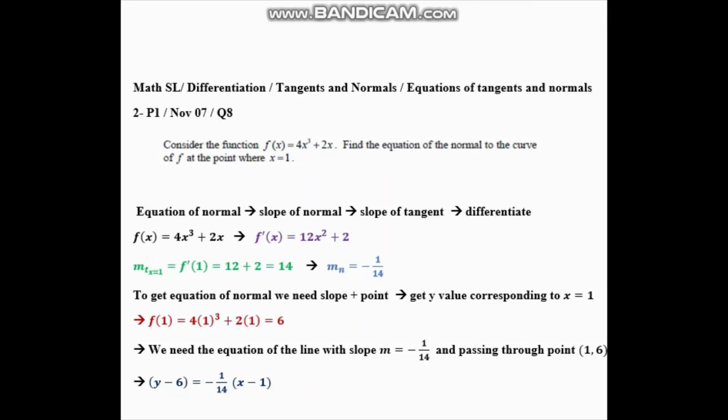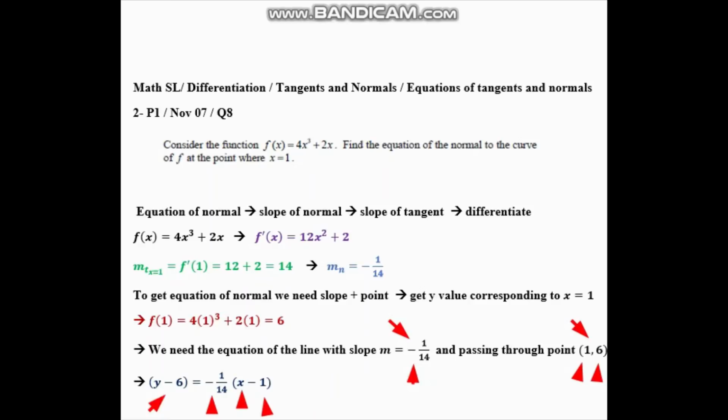So basically I have a slope of negative 1 over 14 and a point 1, 6. I plug those into the formula of the straight line, which is y minus y1 equals m times x minus x1. So y minus y1, which is 6, y minus 6 equals m right there times x minus x1.